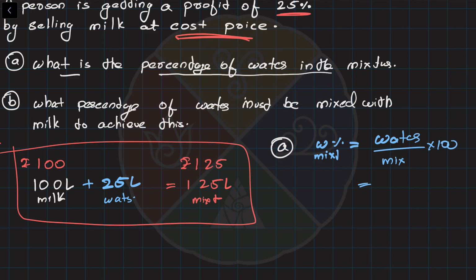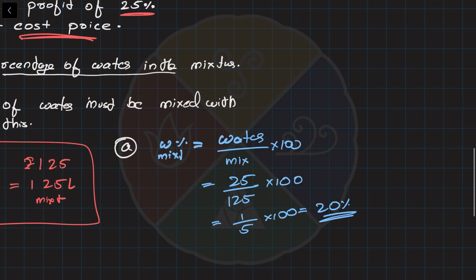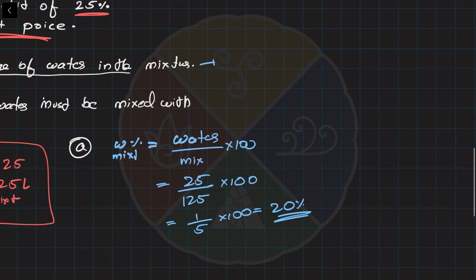We have 25 liters of water divided by a mixture of 125 into 100. That is 1 by 5 into 100, which is 20%. So 20% of the mixture is water. The answer for part A is 20%.